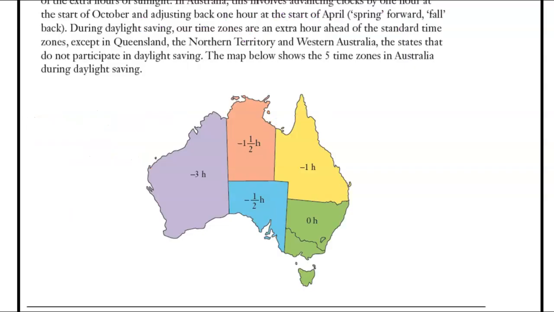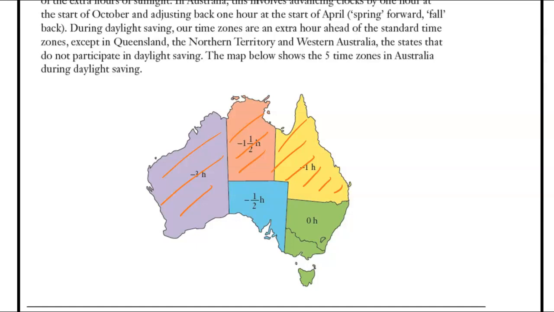There's a bit of a spiel there about daylight saving. We've already spent enough time talking about it, but basically, yeah, the clocks go back and then your time zones change. Now, WA, and this is where it gets quite confusing, because WA, Northern Territory and Queensland don't do daylight saving. And so as a result, they would all be normal time, standard time.